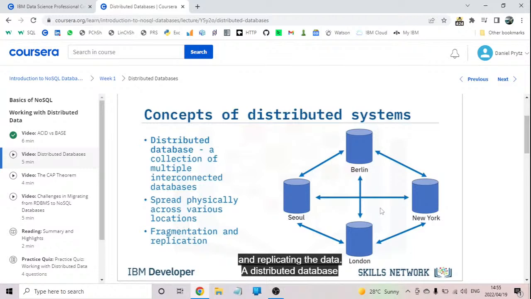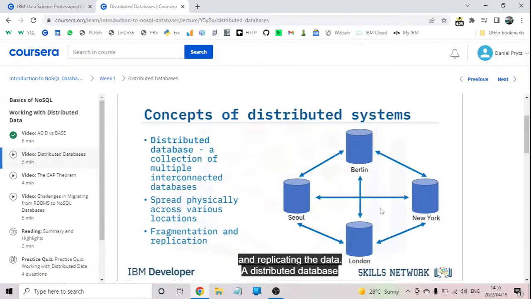So distributed database is a collection of multiple interconnected databases. So that means, what does that mean, guys?